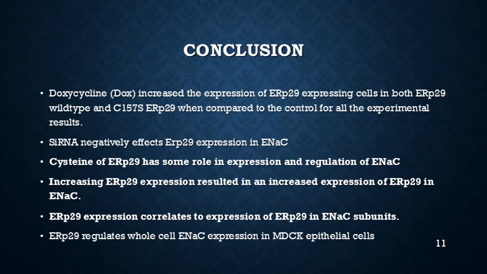Cysteine of ERP29 had some role in expression and regulation of ENaC. Increasing ERP29 expression resulted in an increased expression of ENaC. ERP29 expression correlates to expression of ENaC subunits, and ERP29 regulates whole cell ENaC expression in MDCK epithelial cells.